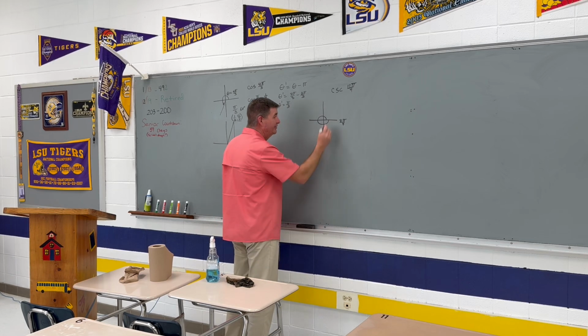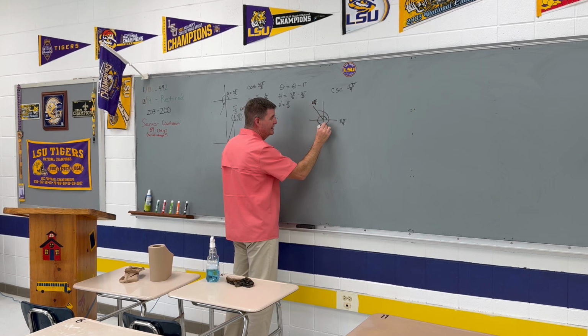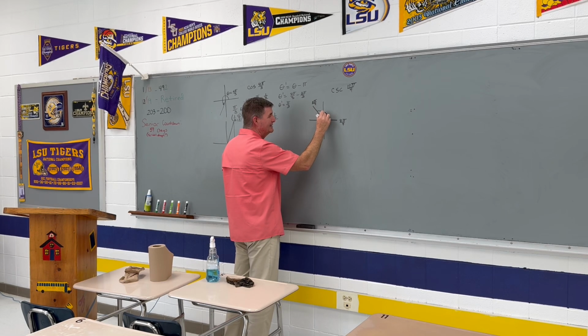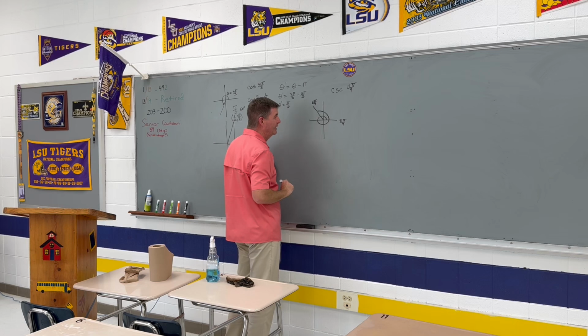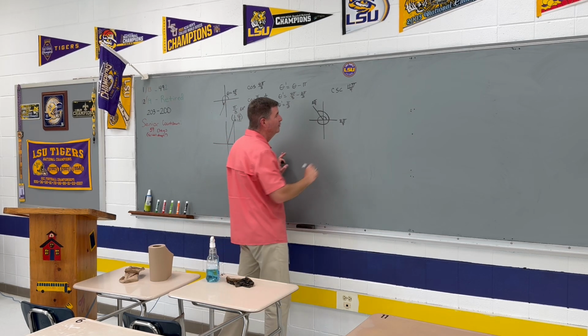Then 9, 10, 11 would be back at 3 pi over 4, which would be here in the second quadrant. So the reference angle there is going to be pi over 4.